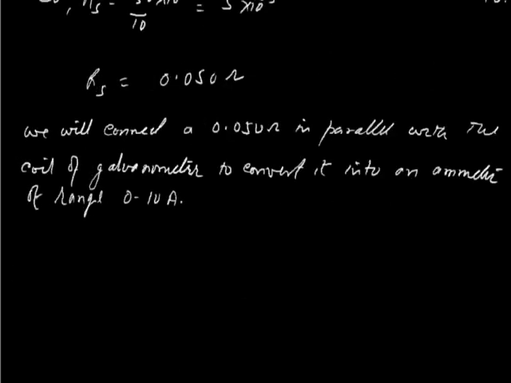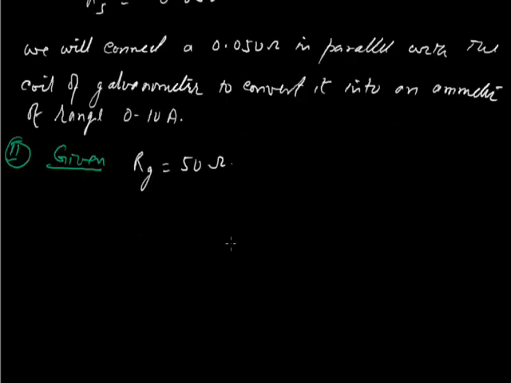Now the second part. Given: Rg is 50 ohm, the current that will flow through the galvanometer, Ig, will be 10 raised to the power minus 3 ampere, due to which the deflection will be full scale. Now V is 10 volt.